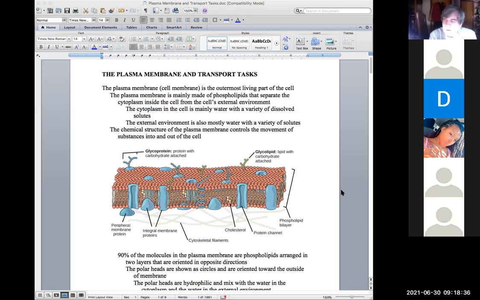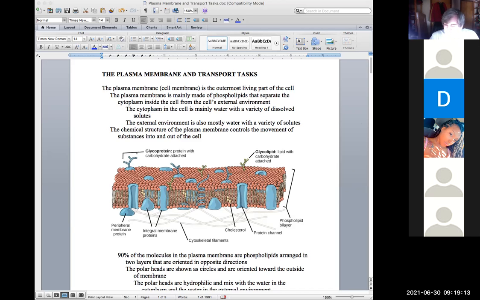If we look at the glycocalyx on prokaryotic cells, like we see in bacteria, the glycocalyx can stop some antibiotics from getting into the cell. Remember what we've said, the plasma membrane is really the outermost part of a cell that we consider living. So if a bacterial cell can catch antibiotics on these glycoproteins and glycolipids, that means the antibiotics never really get down to the living part of the cell.